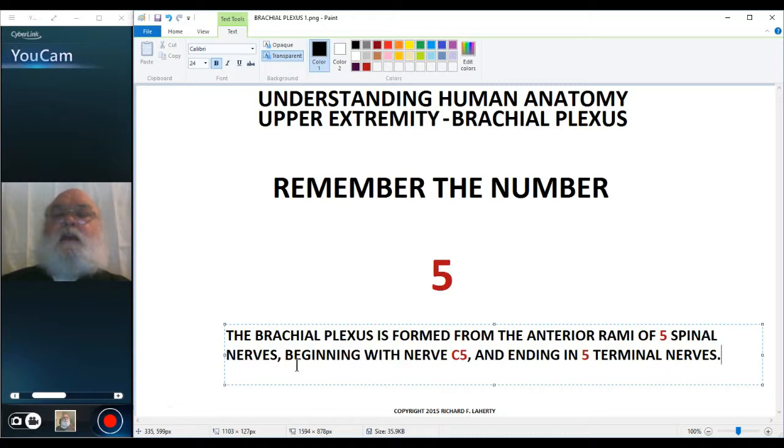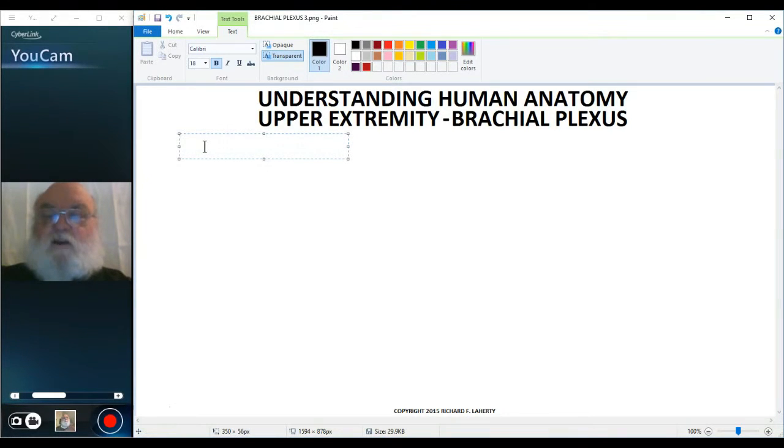So let's take a look at how the brachial plexus is put together. The starting point for the brachial plexus are 5 roots. Each root is a branch of an anterior ramus of a spinal nerve. And I said before, remember 5 because the first root is a branch of C5.